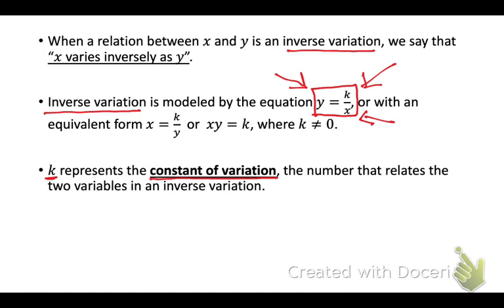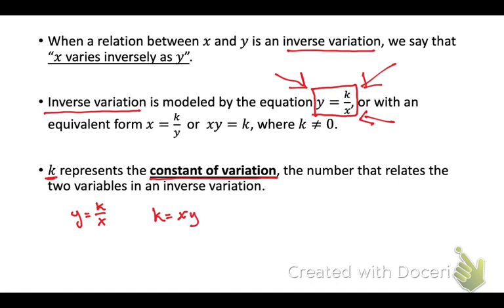So I have y equals k over x already. That's the inverse variation. What would k equal? What math would you have to do with y equals k over x to have just k? We'd have to multiply by x, so it would be xy. Okay.